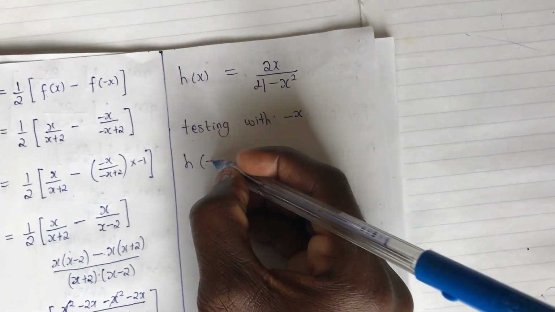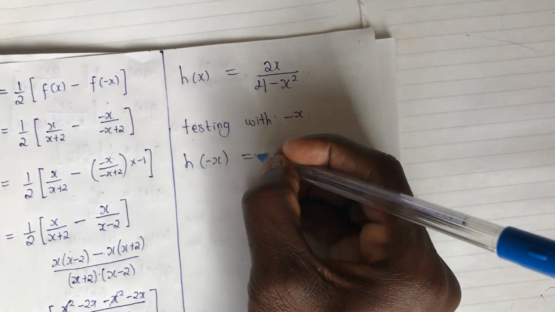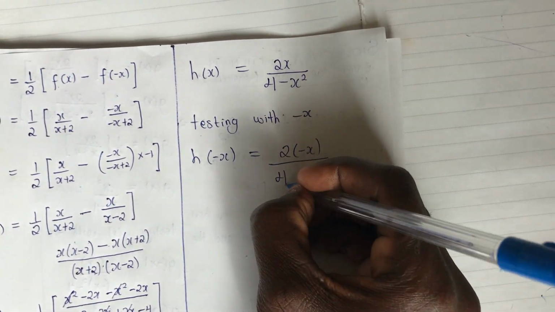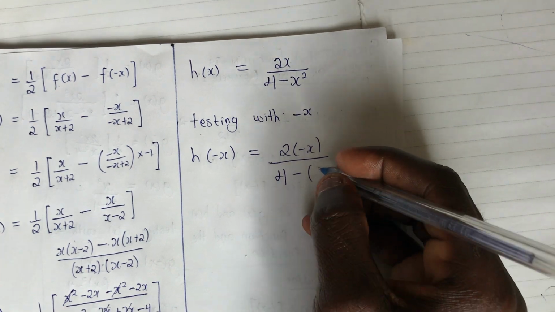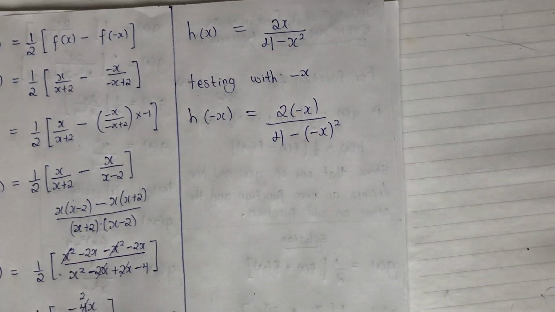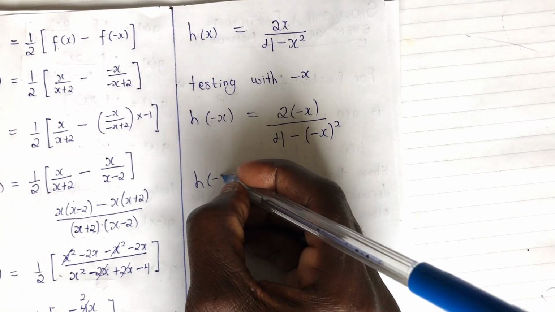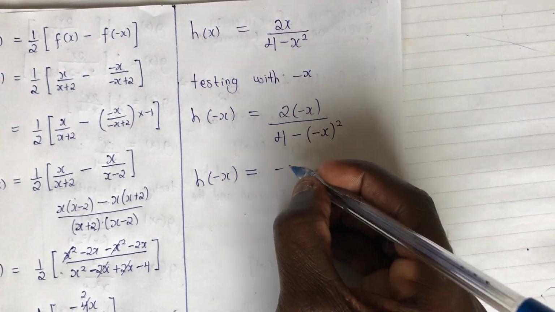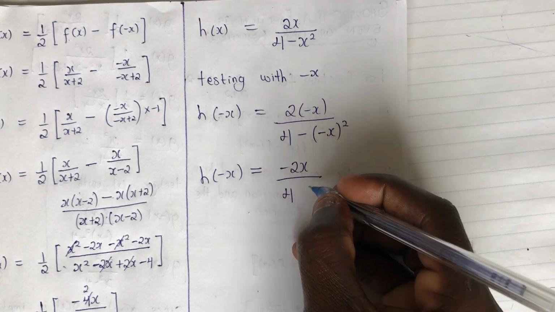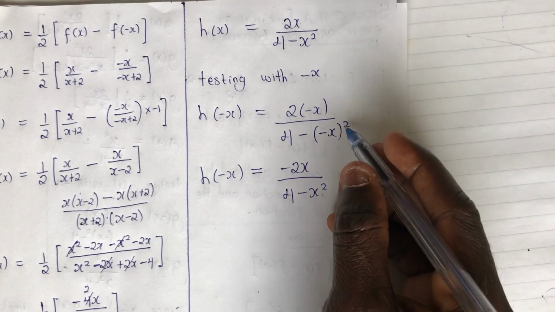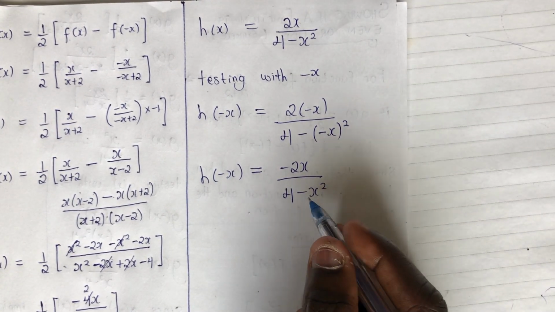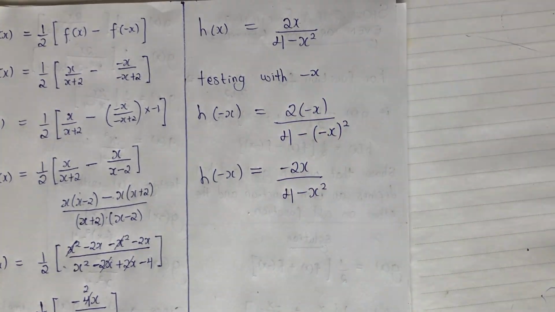So h of minus x giving me 2 times minus x out of 4 minus, into bracket minus x, all squared. So we have h of minus x giving us minus 2x out of 4 minus x squared. Remember, this will make it x squared, but there's a negative here affecting the function. So now we are getting a negative function.